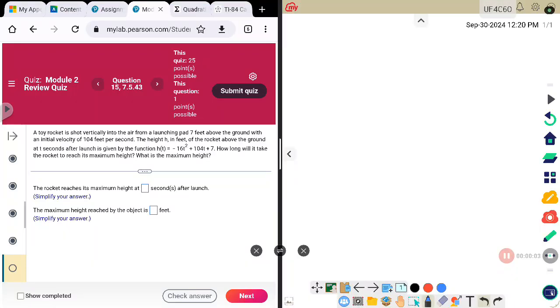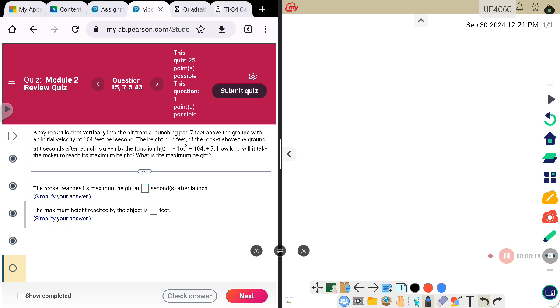On this problem number 15, we have a toy rocket that is shot vertically into the air from a launching pad 7 feet above the ground with an initial velocity of 104 feet per second.